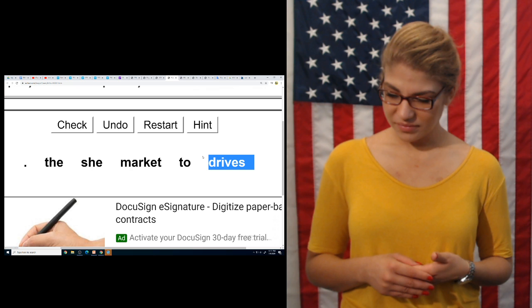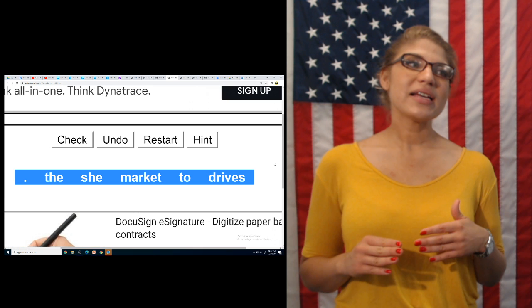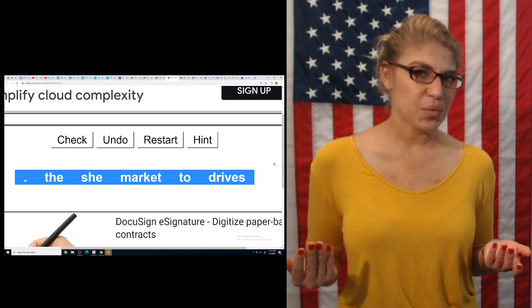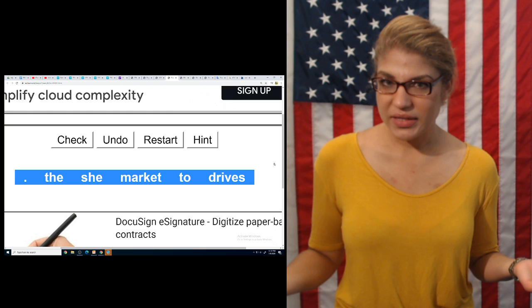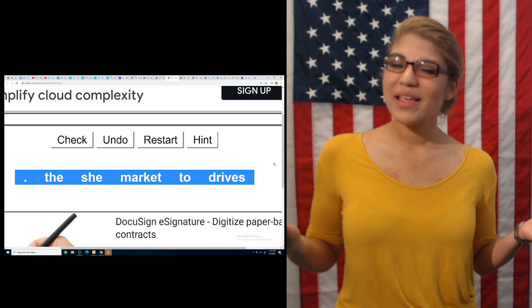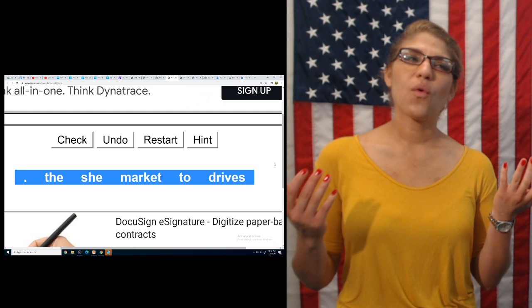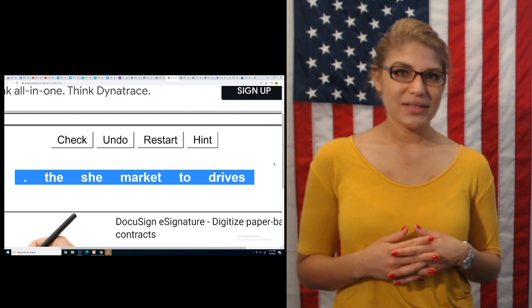Remember, our order for a sentence will always include the first word of who. What person or what thing is completing the action? Who? After who, we will ask what. What action is taking place?